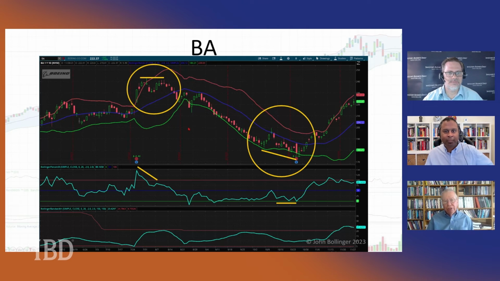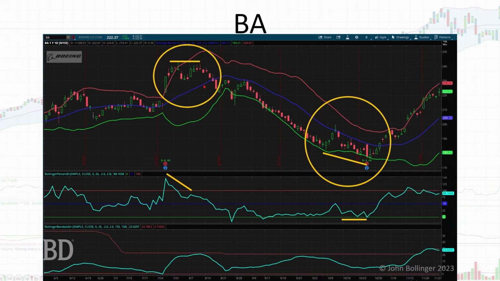I started trading individual stock options using these tools, using 20 periods and plus or minus 2 standard deviations. Here you see on the left-hand side a classic little M-type top that leads to a really meaningful decline. And then that's followed by a W-type bottom, again defined by the Bollinger Bands, which leads to a substantial rally.